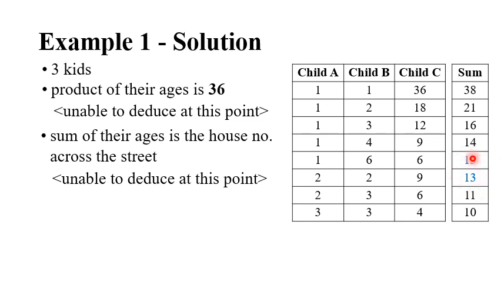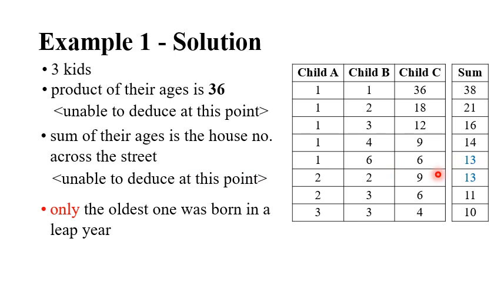When the sum is 13, there are two possible combinations. Therefore, I'm not able to determine the ages at this point of time, and more information is needed. Therefore, Daisy provided the last piece of information: only the eldest one was born in a leap year. With this, we can conclude that the three children are 2, 2, and 9 years old.